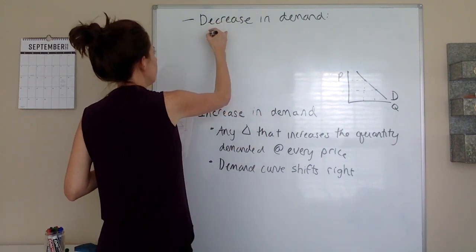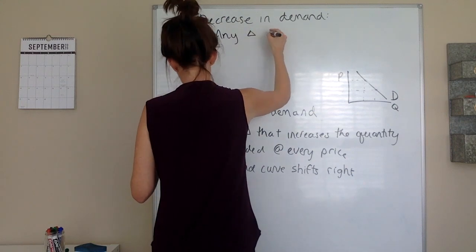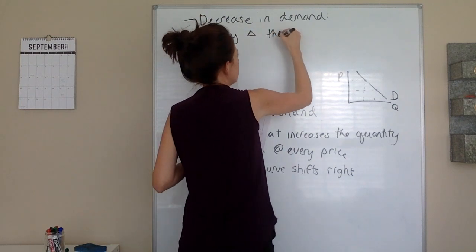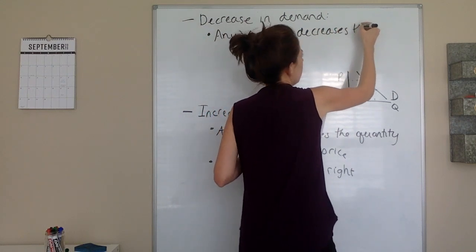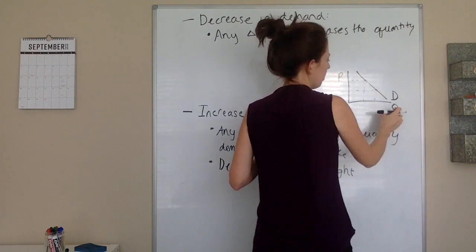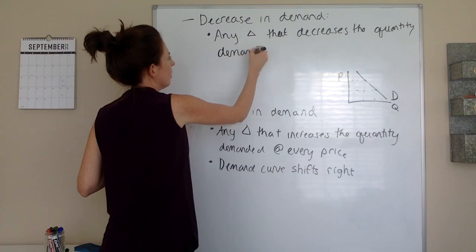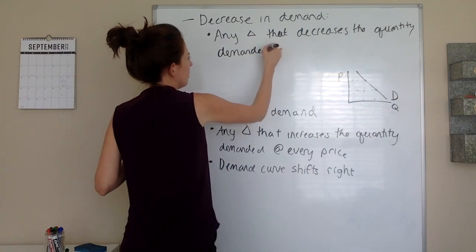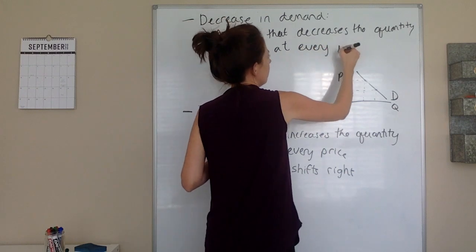So I'll just rewrite for completion. It's going to be any change that decreases the quantity demanded, which again is what we're measuring along the horizontal axis, at every price.